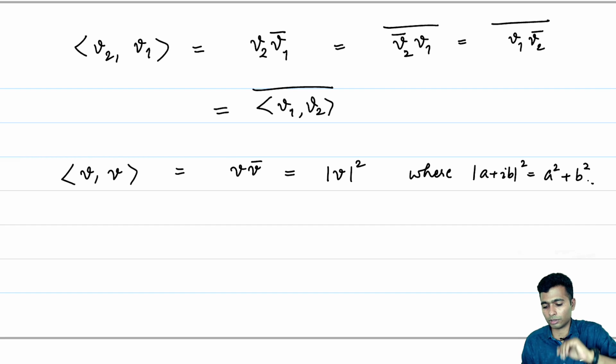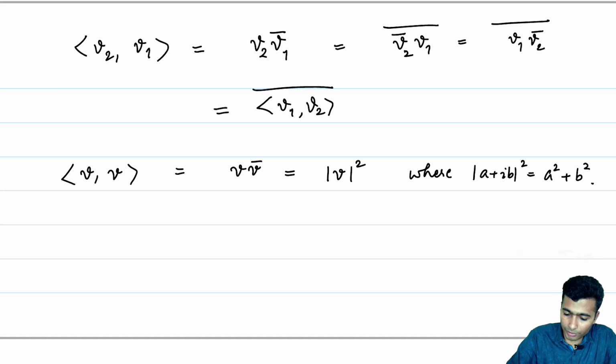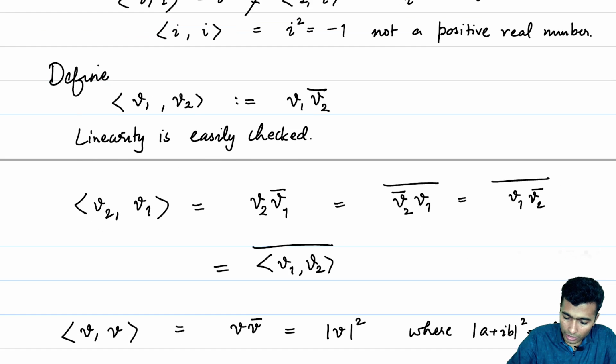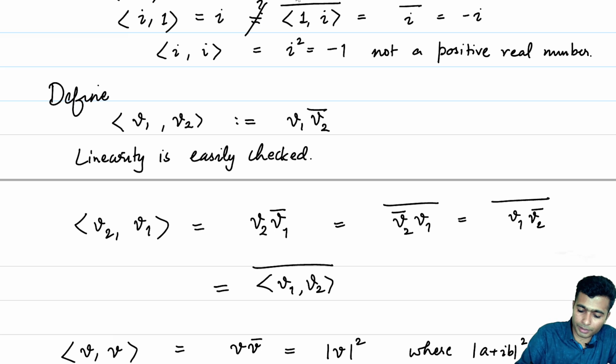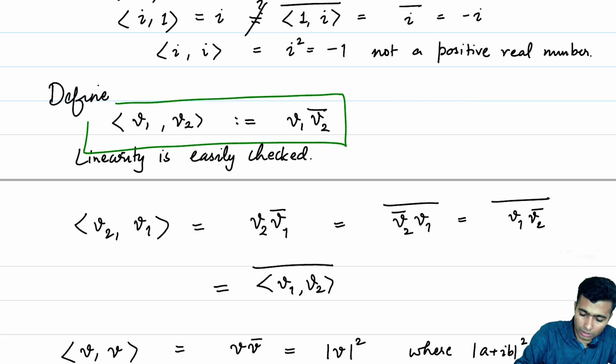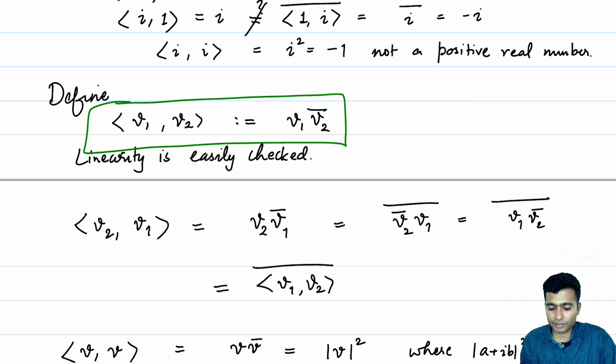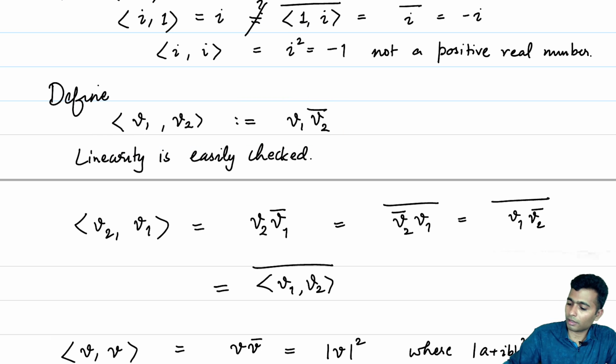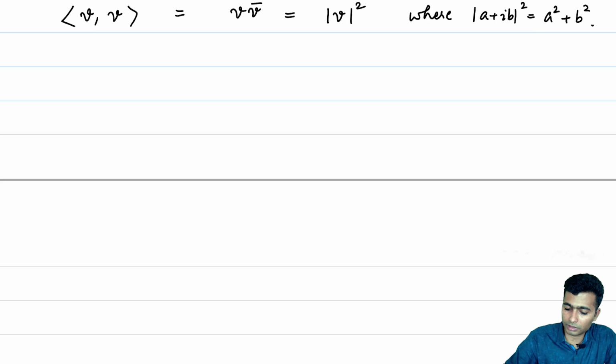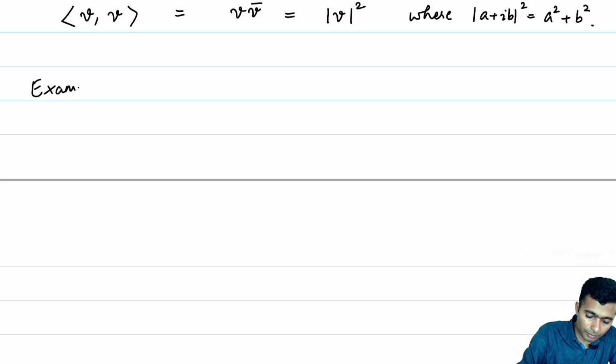If both are 0, then this is the 0 vector and this will be just 0. So yes, this is satisfying all the properties that we need. Let me show you the definition once more. Our definition, which is being boxed right now in green, will be the definition of an inner product on C, and taking a clue from this definition, let's look at the next example.